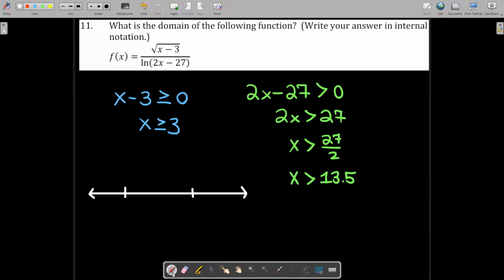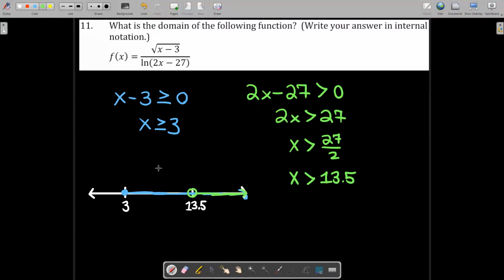Let's go ahead and label them. 3 and 13.5. The blue is going to be equal to this, so solid dot, and greater than this, so we shade this way. The x value, the green interval, is going to be greater than 13.5, but not equal to it. So we'll leave it as an open circle and then shade upwards.